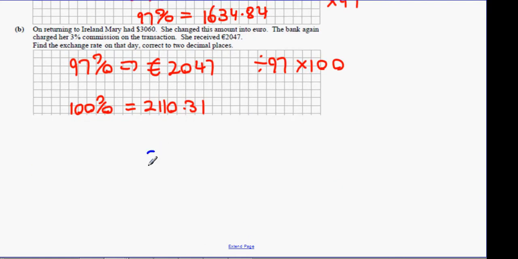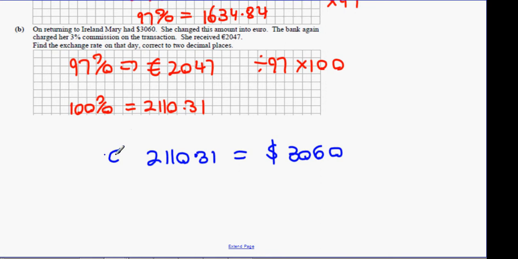This is the amount of euro she would have got had the bank not charged her 3%. This amount of euro has to equal $3,060. Is everybody happy with that?